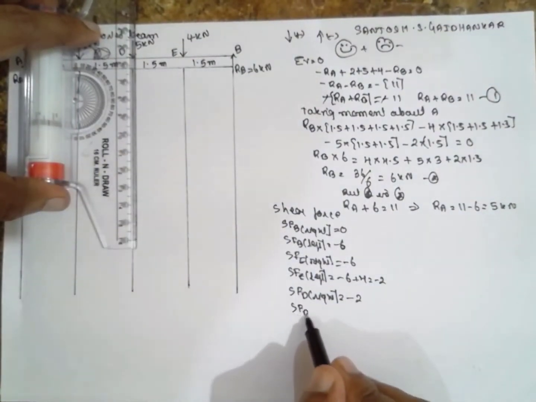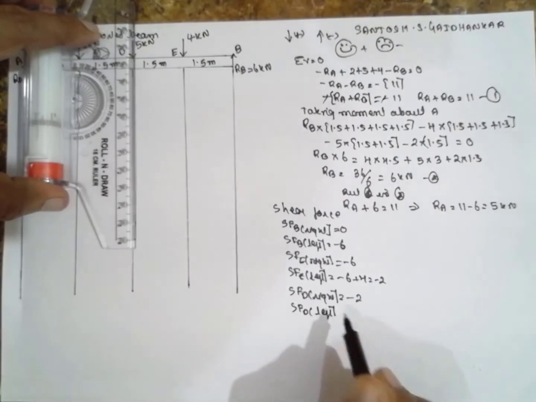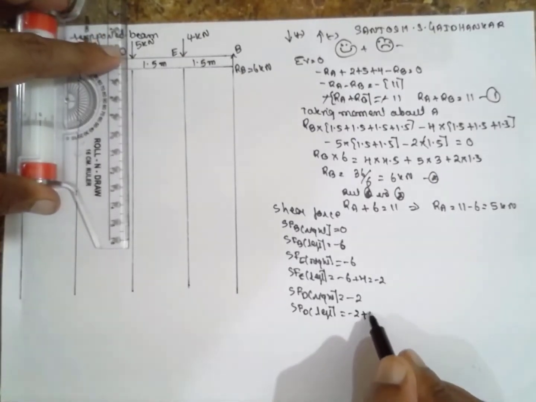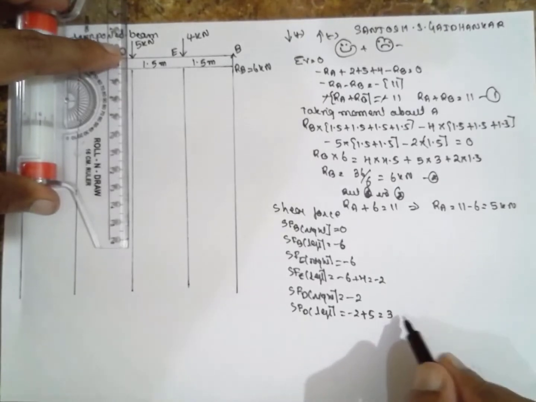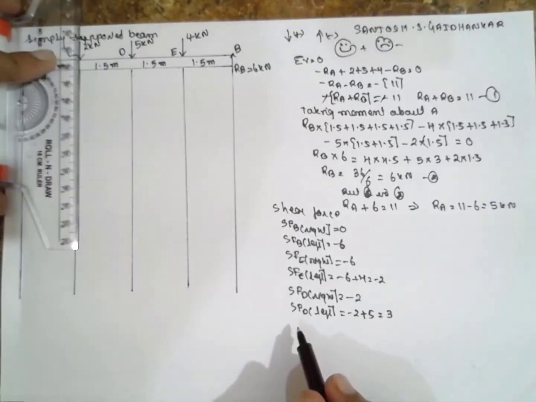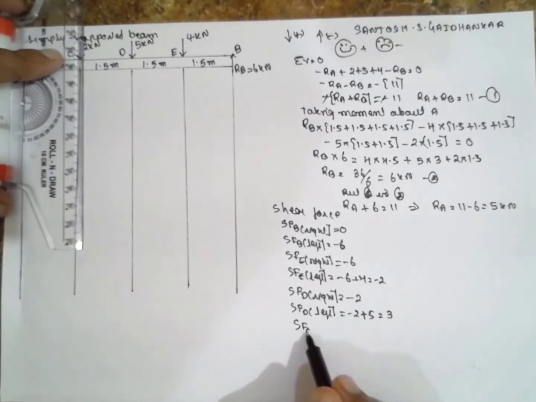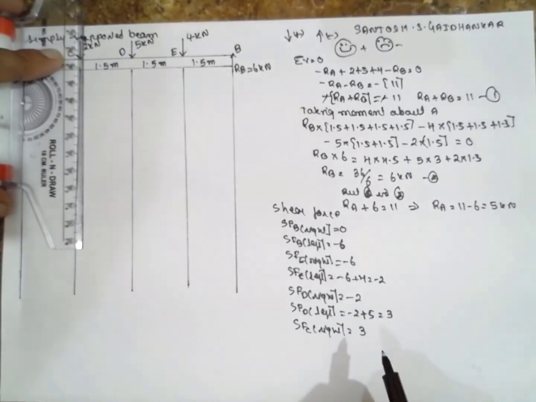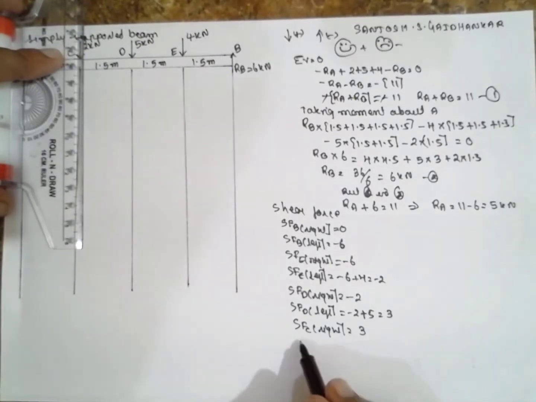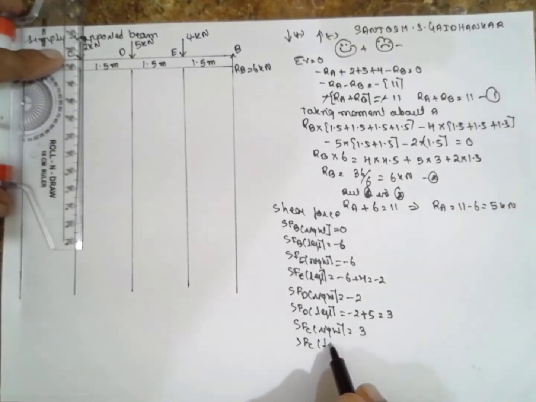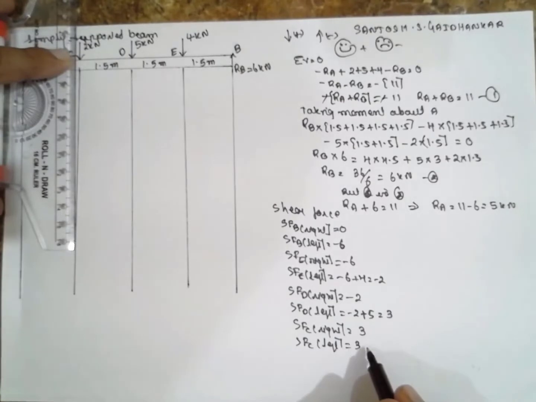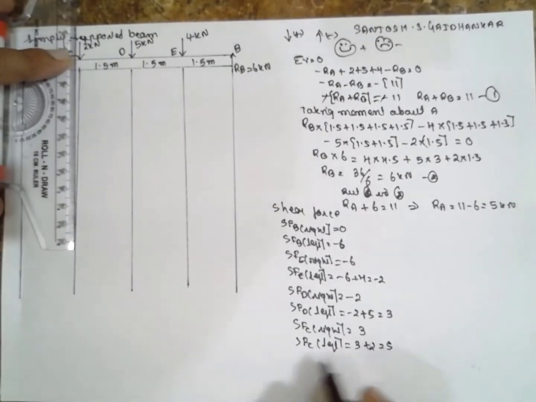SF at D, left is minus 2 plus 5, which is 3 kilonewton. SF at C, right, is the previous number 3. SF at C, left is 3 plus 2, that is 5 kilonewton.